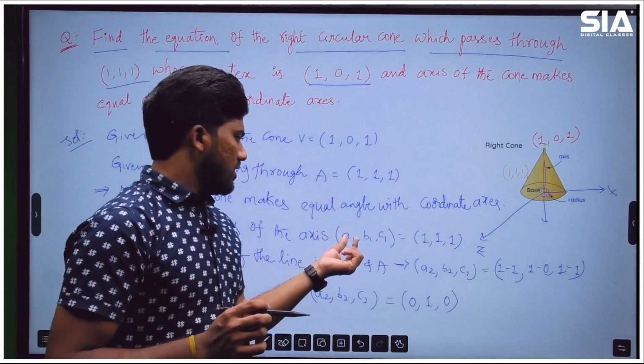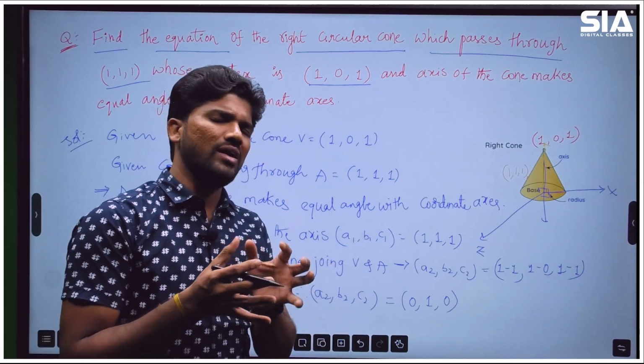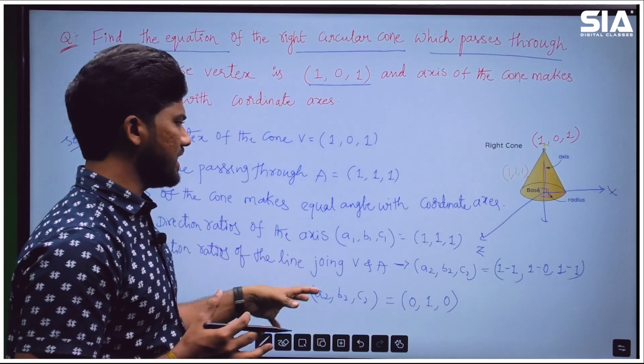Whenever we know the direction ratios of two lines, what is the formula for cos theta, the angle between them?